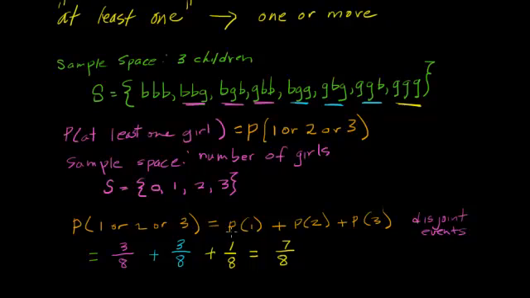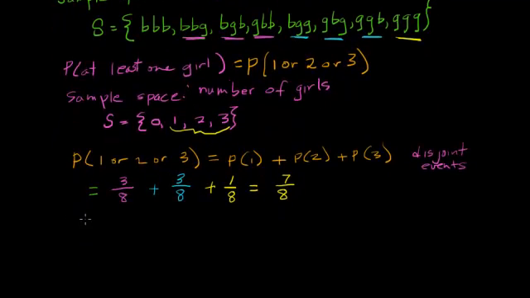When we said 1 or 2 or 3, we're talking about this part of the sample space. And since we say or more, we really went all the way to the highest possible number from 1. Well, what's the only thing we're not counting? The probability of none. The probability of none would be the complement of at least 1.